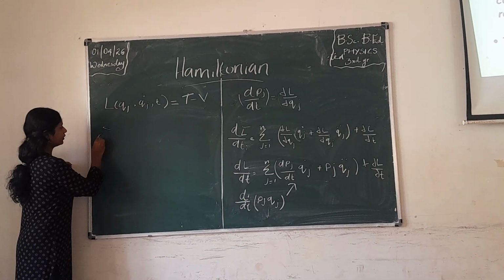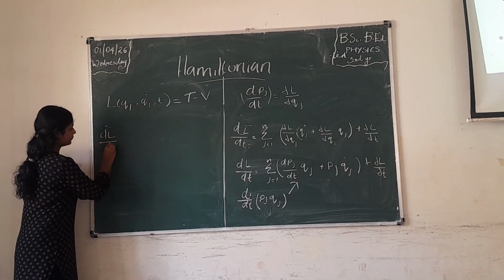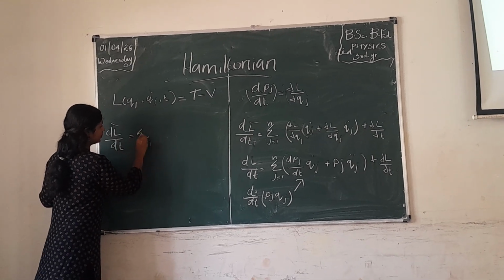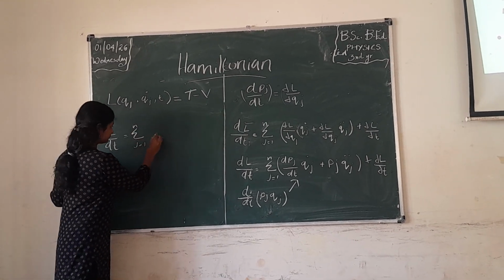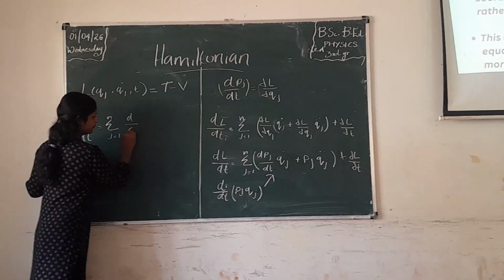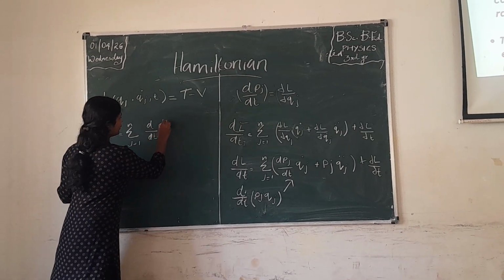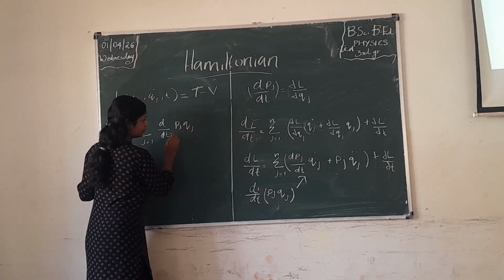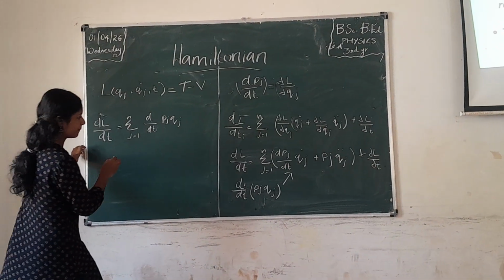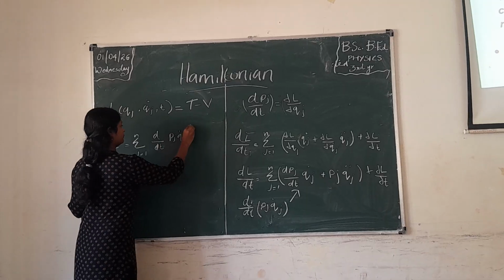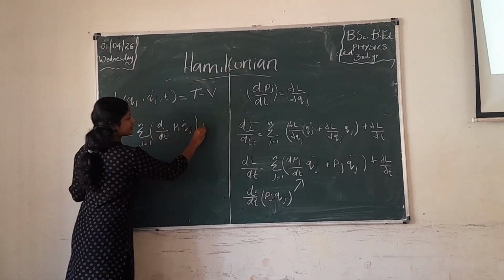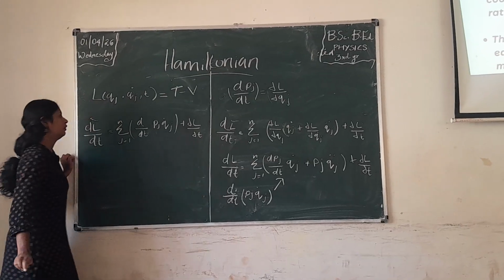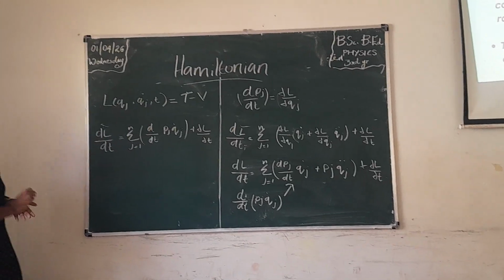The equation becomes dL by dt equal to the sum over j from 1 to n of d by dt of Pj qj dot, plus dou L by dou t.